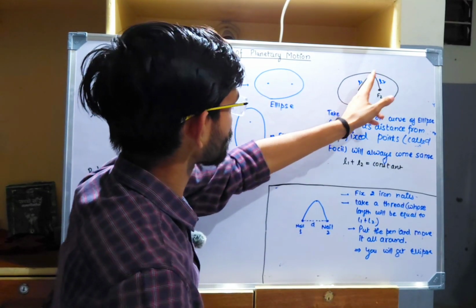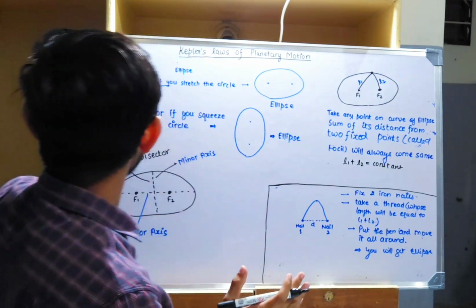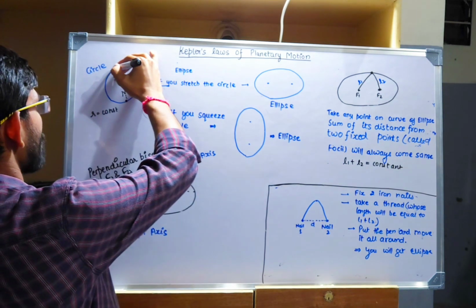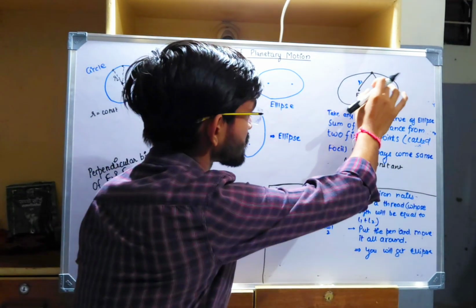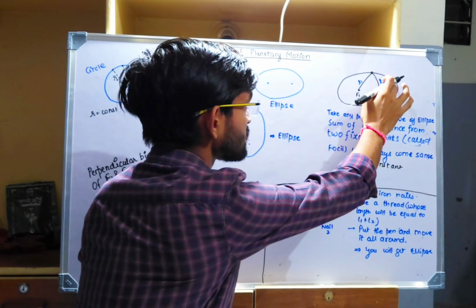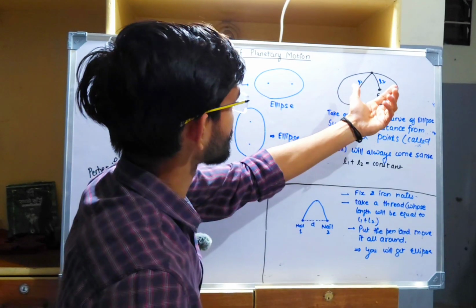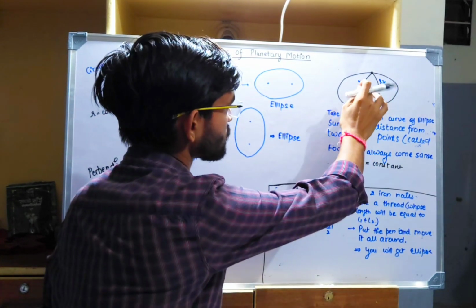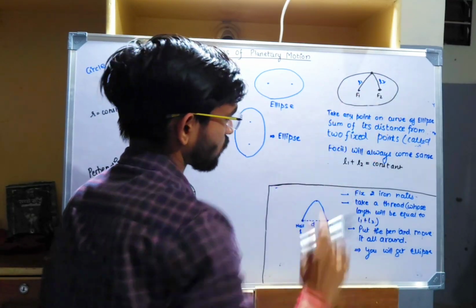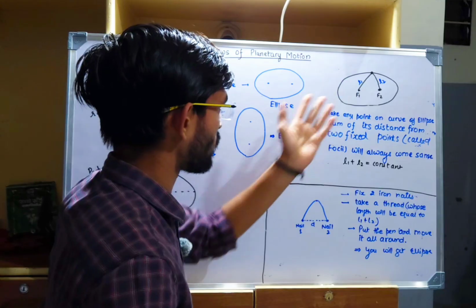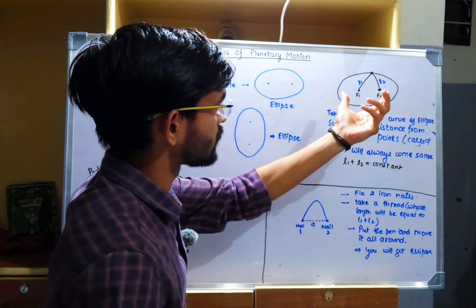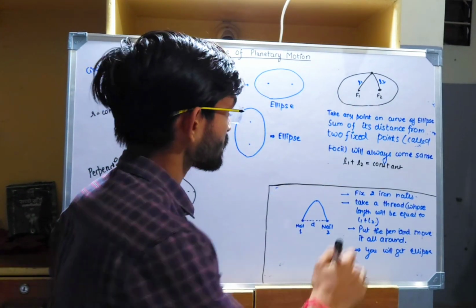That sum of these two distances will always come the same. In a circle, the distance of a point from the center comes the same for all the points, but in case of an ellipse, the sum of the distance from focus 1 and the distance from focus 2 always comes constant for all the points on the curve of the ellipse.